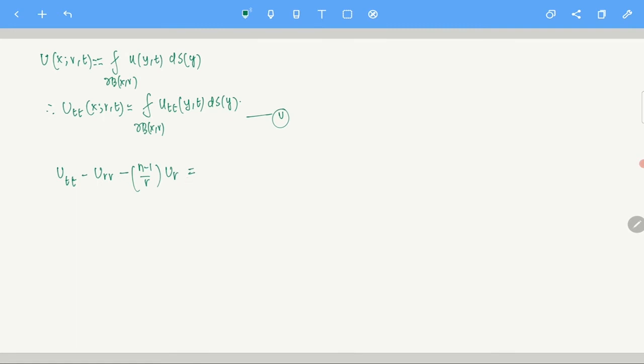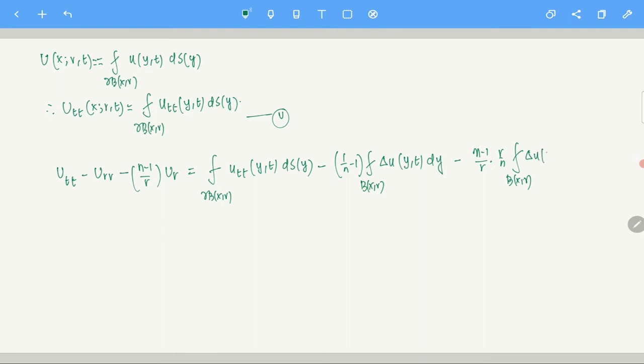This u_tt is the integral over the boundary of B(x, r) of u_tt evaluated at (y, t) dS_y, minus u_rr times this. So let me write it down: 1/n times the integral over B(x, r) of the Laplacian of u(y, t) dy, minus (n-1)/(r n) times the integral over B(x, r) of the Laplacian of u(y, t) dy.